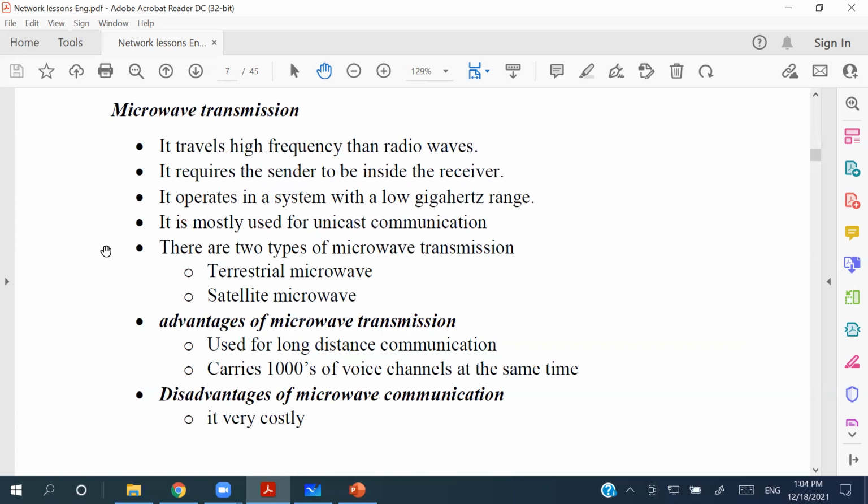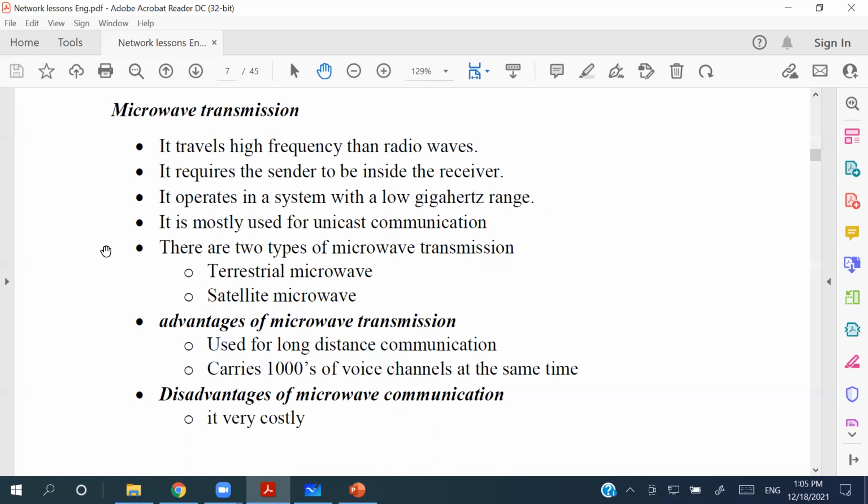But microwaves are generally used to communicate with the satellites, which they place in space. So it is a much greater distance. And again, if you want to use that, you have to pay a very big price as well, right? So it is stronger and it is expensive again, right?